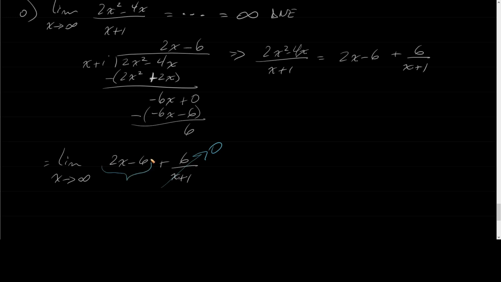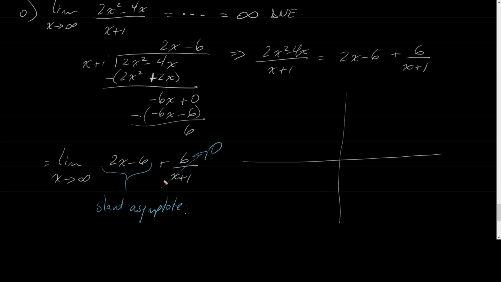This is called a slant asymptote, all right? This 2x minus 6 is going to be a slant asymptote. And what do I mean by that? Let's look at the graph of this function. It looks something like this.